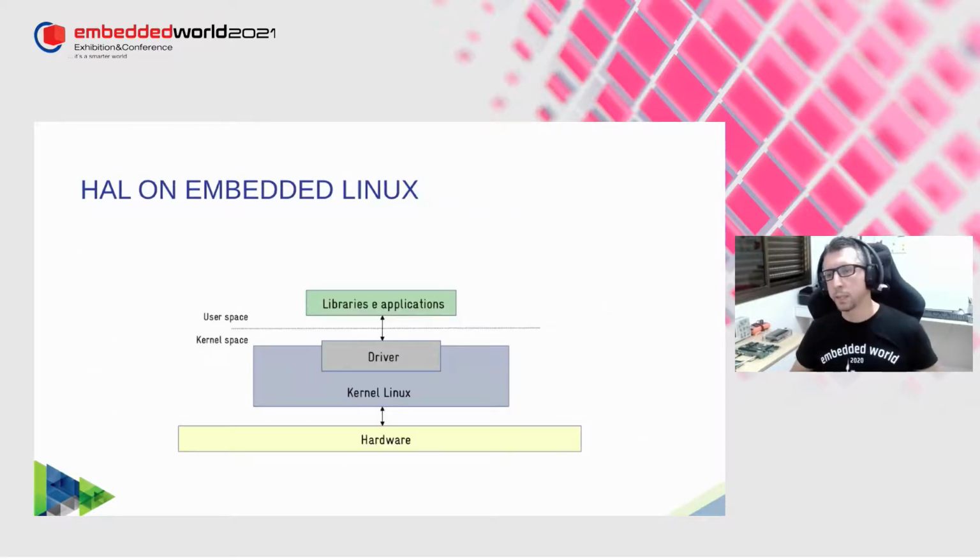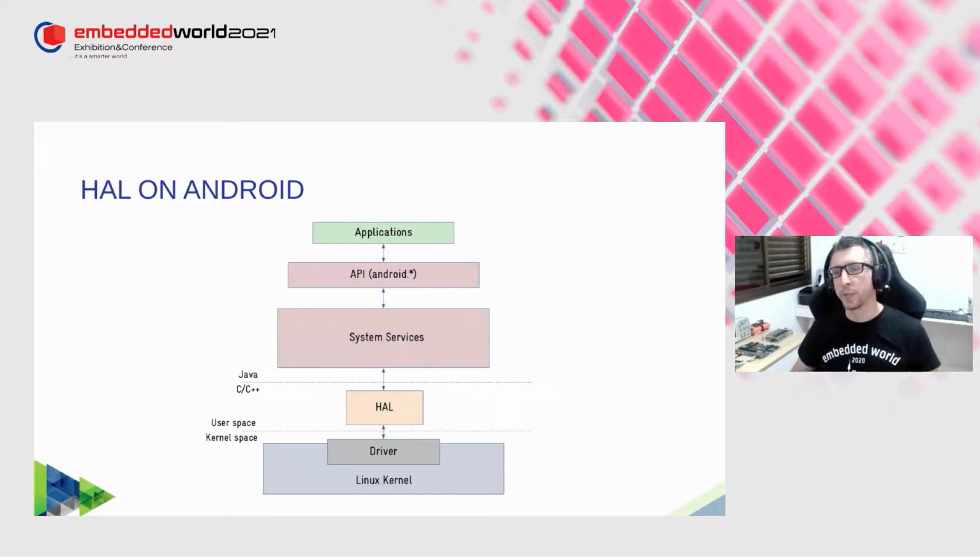In Android, it's a little bit different. So this is a kind of view in Linux, right? We have the hardware and the kernel with drivers that support an interface, and then we have libraries and applications using those interfaces. When you go to Android, it's a little bit different. Android is really a kind of componentized operating system.